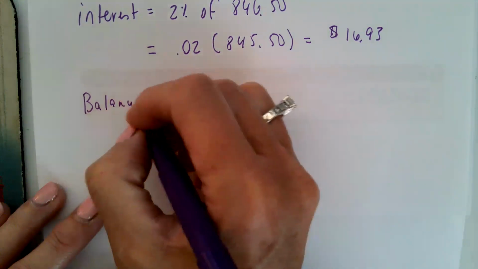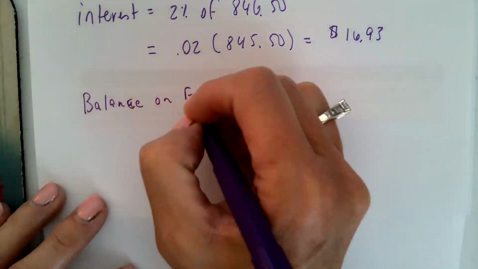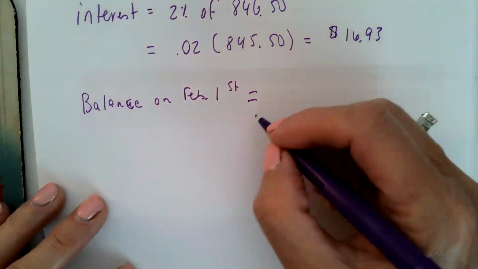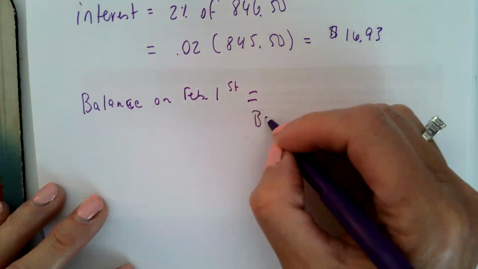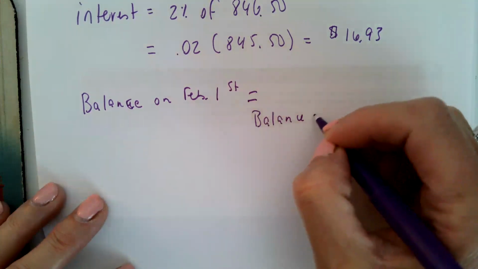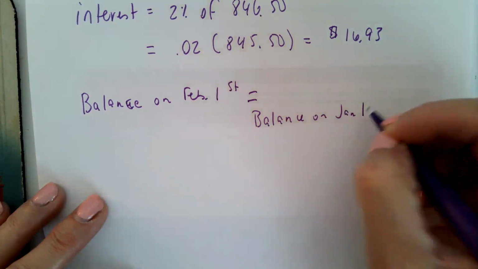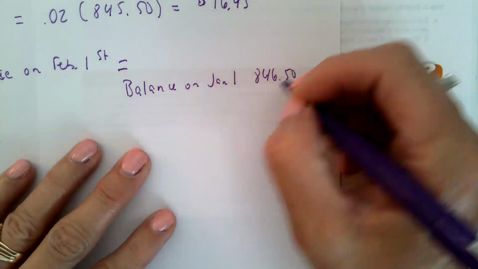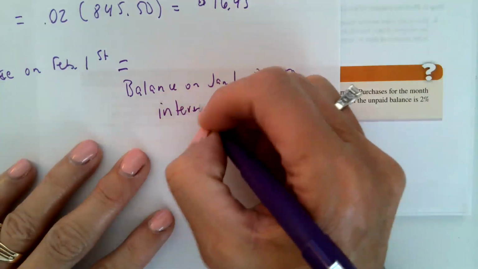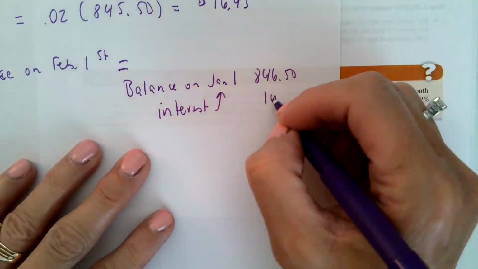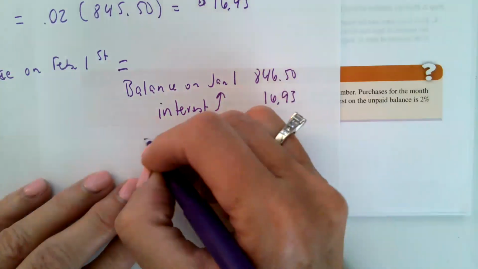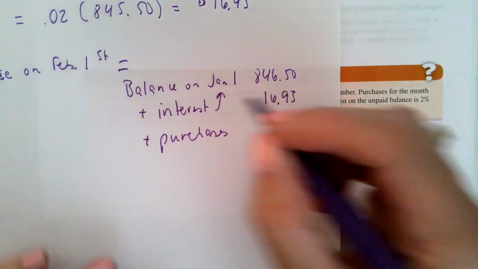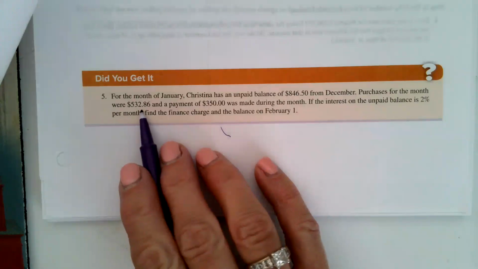And then the balance on February 1st is going to be equal to the balance on January 1st, which was the $846.50. The interest from that balance, which was $16.93, plus purchases in January, which were $532.86.